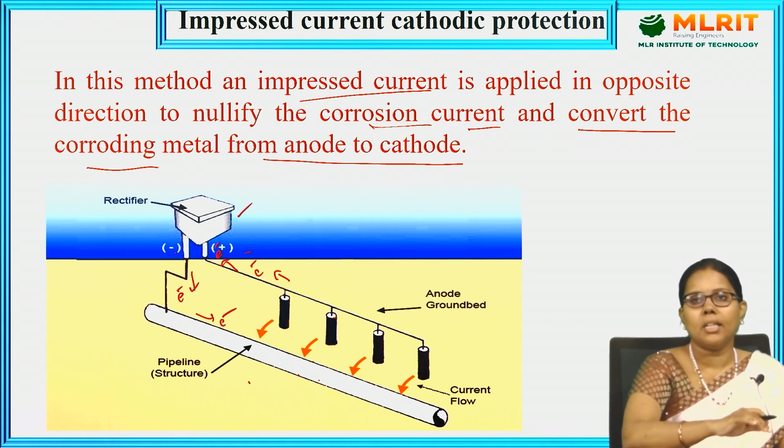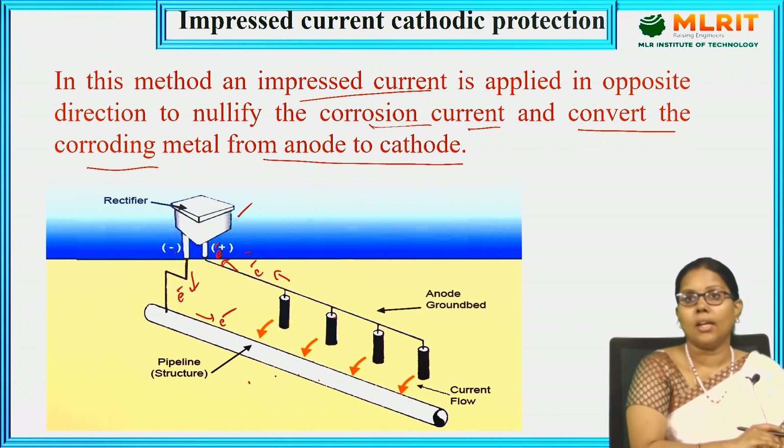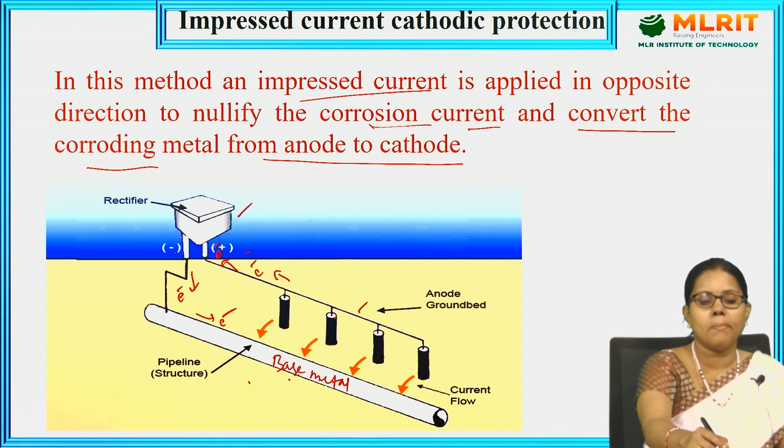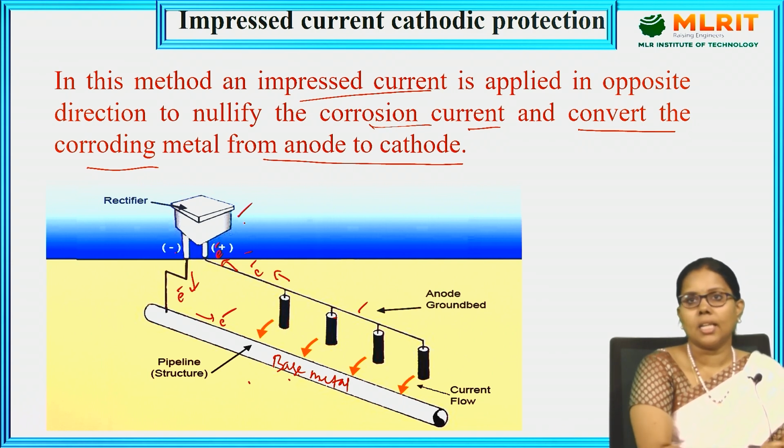Without this battery and anode, this pipeline, which is called the base metal, acts as anode. When we connect it to the more anodic metal and a battery, this acts as a cathode. So we made this behave like a cathode.